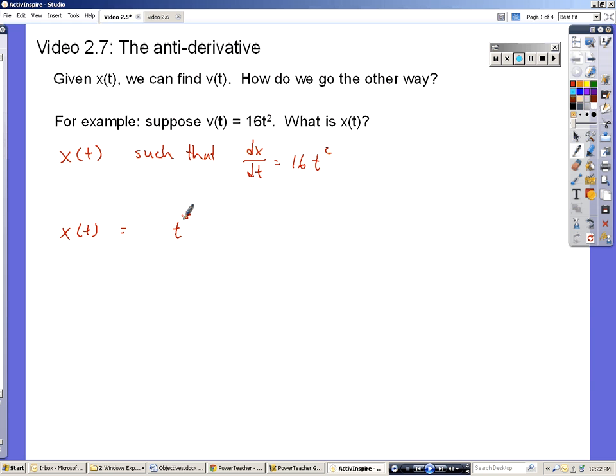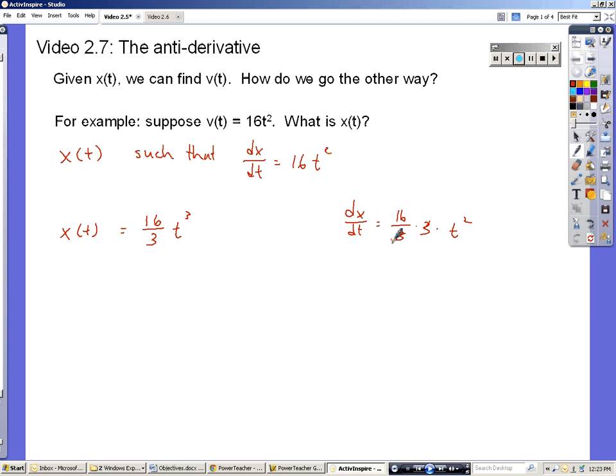When you go from t cubed to t squared, you multiply by 3. So we've got to have 16 divided by 3. And just to make sure that's correct, we'll check our work. dx/dt, using the power law, we get 16 over 3 as the constant out front, times 3 times t squared, yep, we get 16t squared.